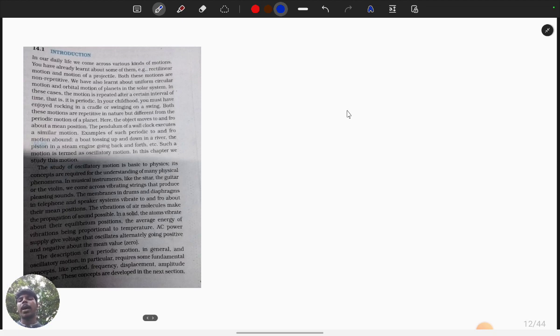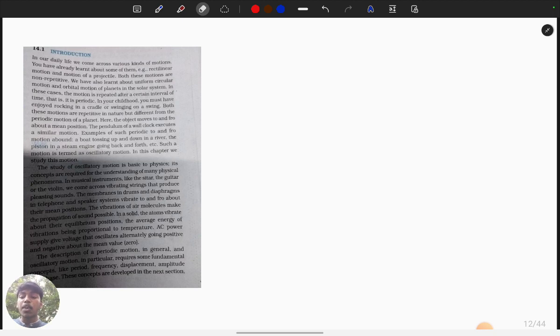So introduction. I already told you that we will be reading NCERT thoroughly along with the class. Okay, so here see, in our daily life we come across various kinds of motions. You have already learned about some of them. Example, rectilinear motion and motion of a projectile. So motion of a projectile we have discussed in motion in a plane as well as in motion in straight line.